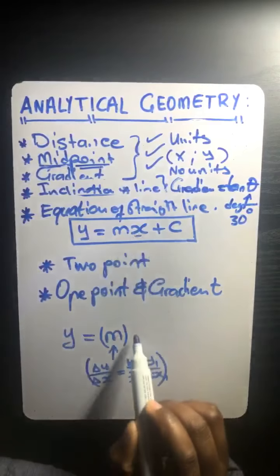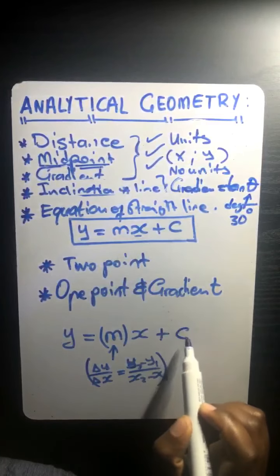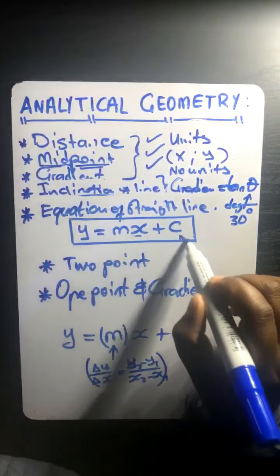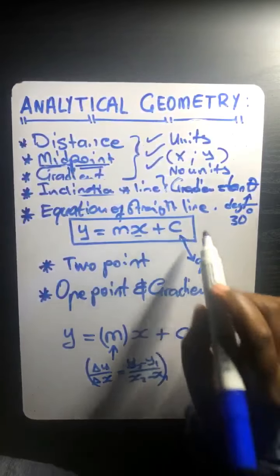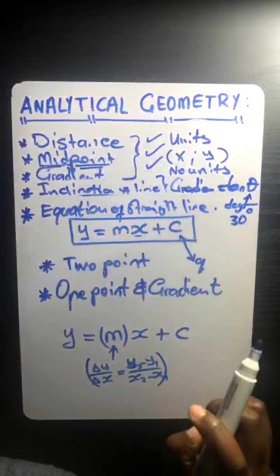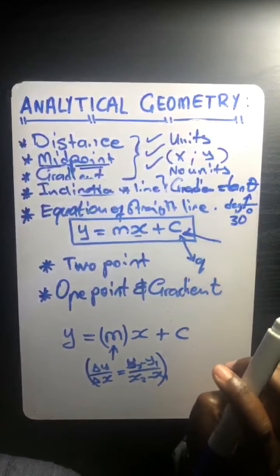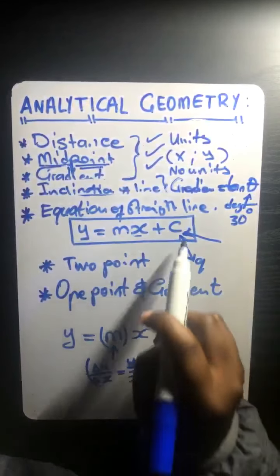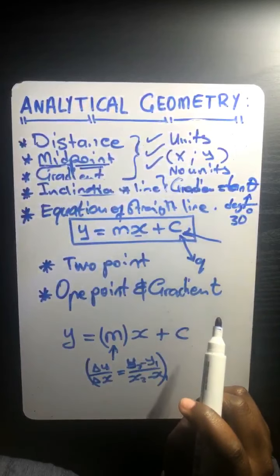And then this is just an x over there plus c. This c, they can either use letter c or letter q or whatever. It's more like whoever contributed towards the formation of that formula, maybe their name was Connie, so they decided to name it after their name.